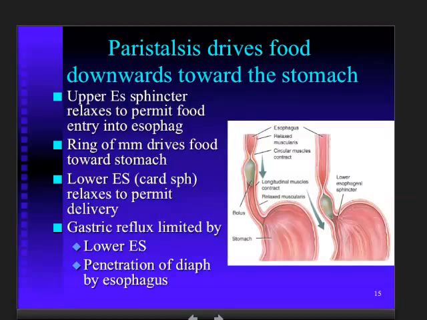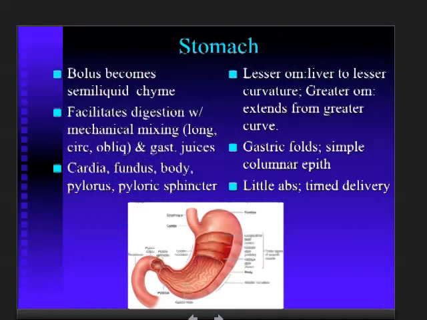So we have that ring of muscle now pushing that food downwards, as you have the contraction of the two layers, inner circular and outer longitudinal, whether it's skeletal muscle or a mix or smooth muscle. You're going to push that food down, and then down here, the lower esophageal sphincter will open to allow the food to enter into the stomach.